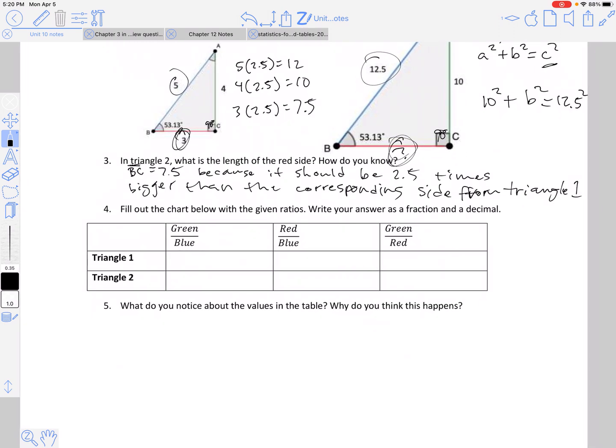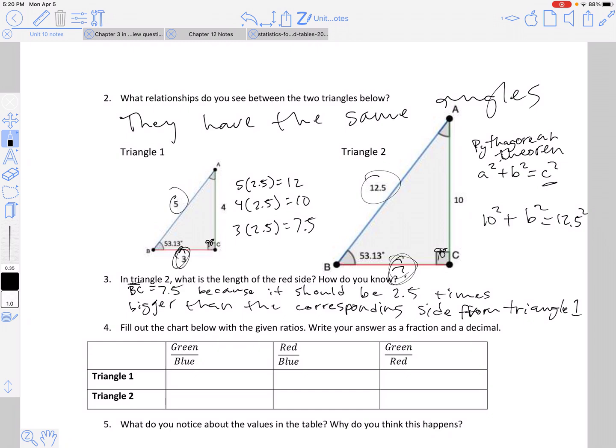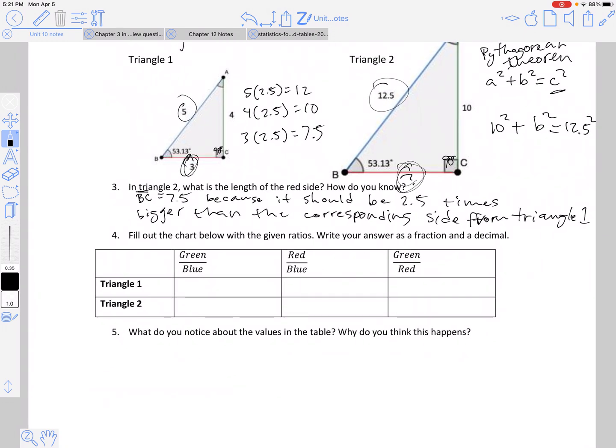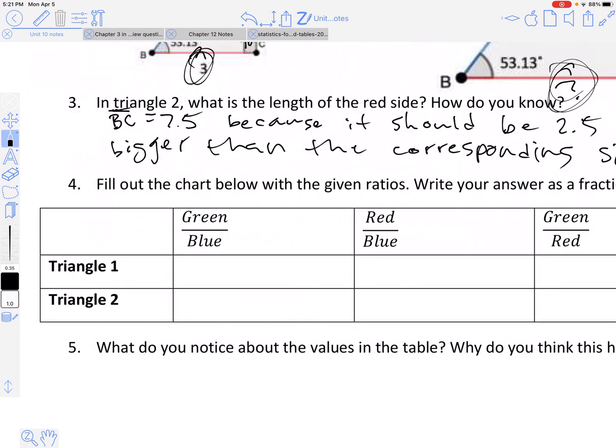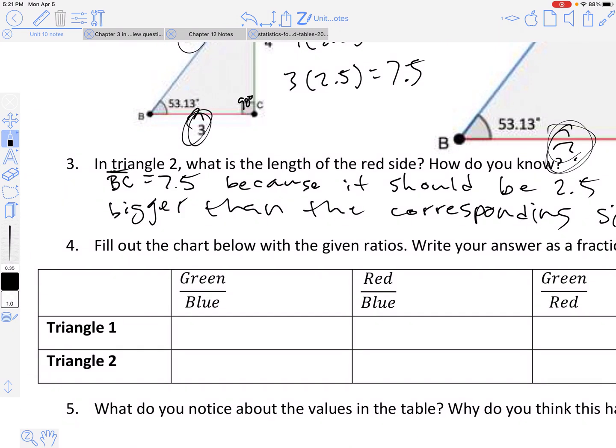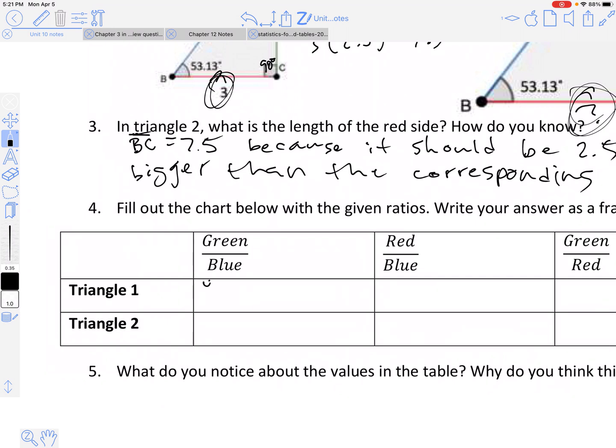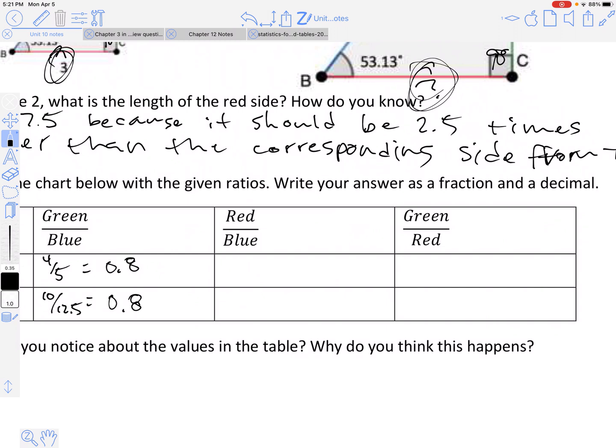Okay, so we're going to look at some more ratios of these triangles, since now that we know that they are similar and are going to have a lot of properties the same, we're going to investigate that a little bit more. So if you take triangle 1 and do the green side over the blue side, you got 4/5, which equals 0.8, and you got 10 over 12.5, which equals, not surprisingly, 0.8.